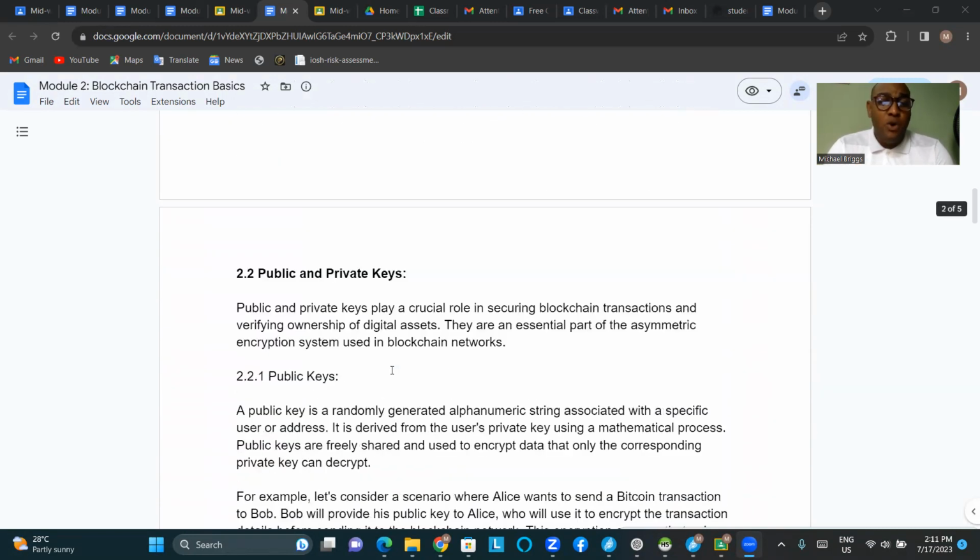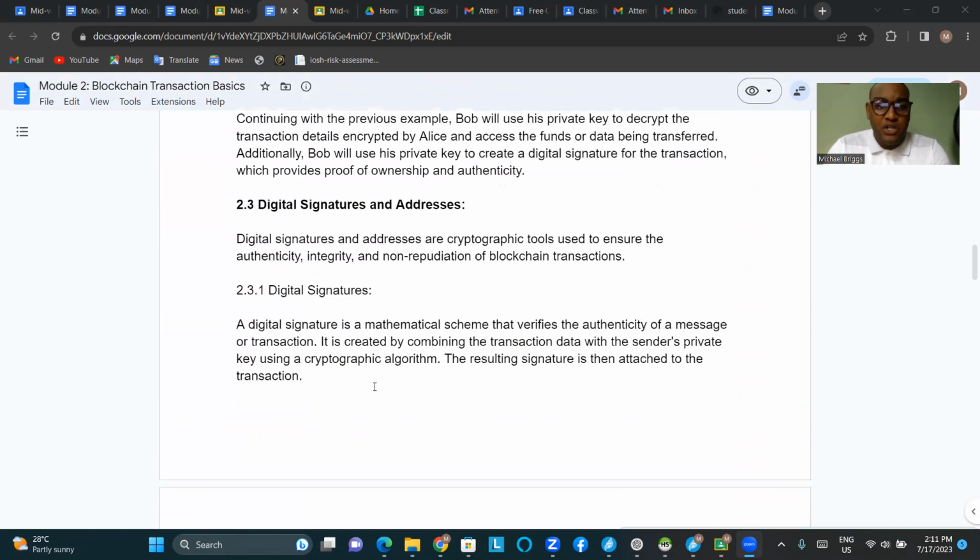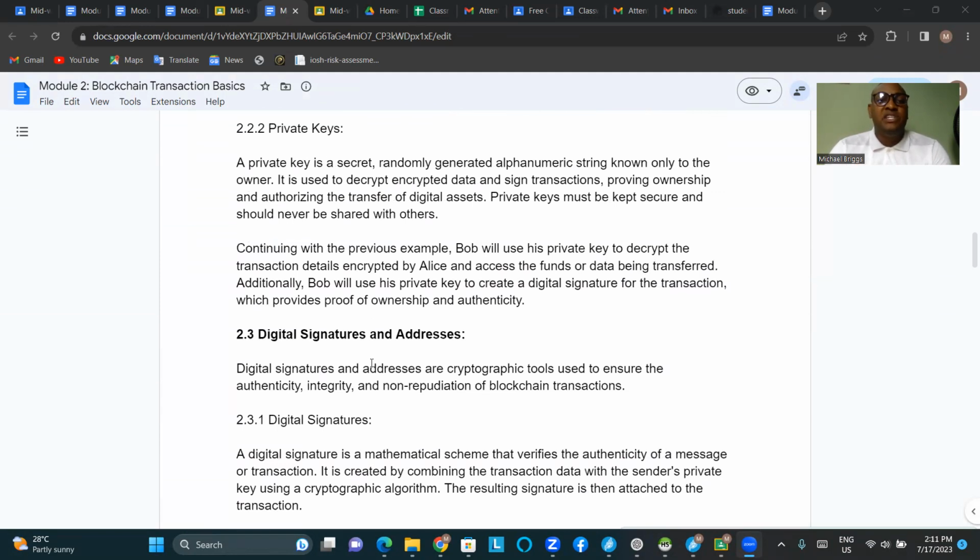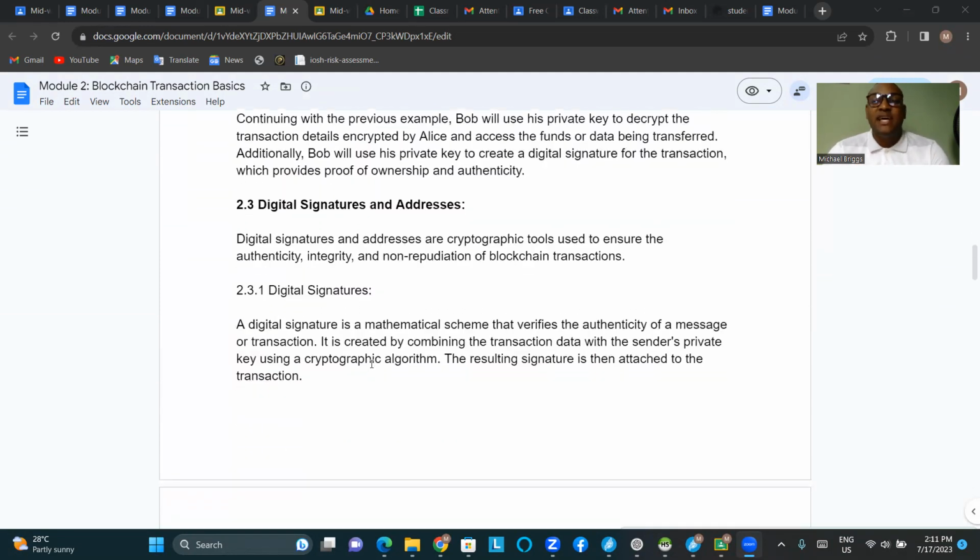Today, we're going to be continuing in this module, and we'll be looking at digital signatures and addresses. Now, what are these? These are cryptographic tools used to ensure the authenticity, integrity, and non-repudiation of blockchain transactions. What does this mean? Sounds like too much grammar.